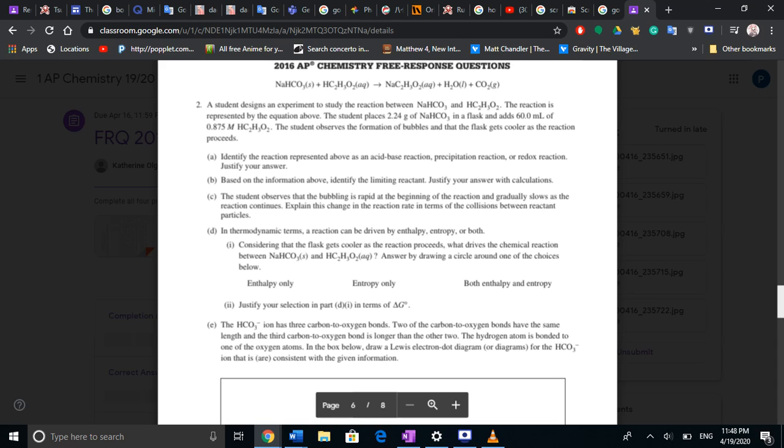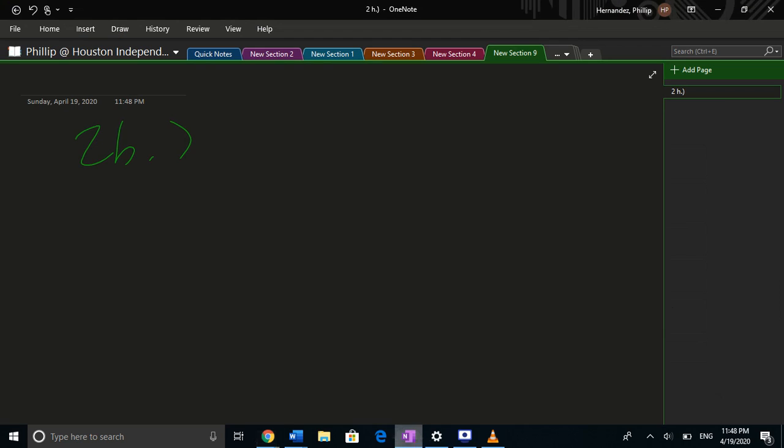Here they give us 2.24 grams of our solid and 60 milliliters of 0.875 molar of our acid. First things first, when in doubt, convert everything to moles. That's what we're going to do.